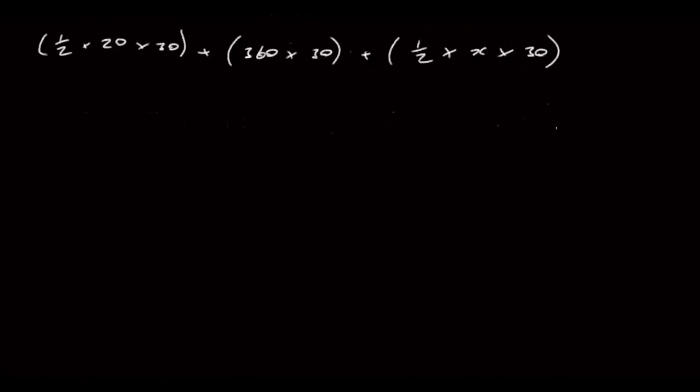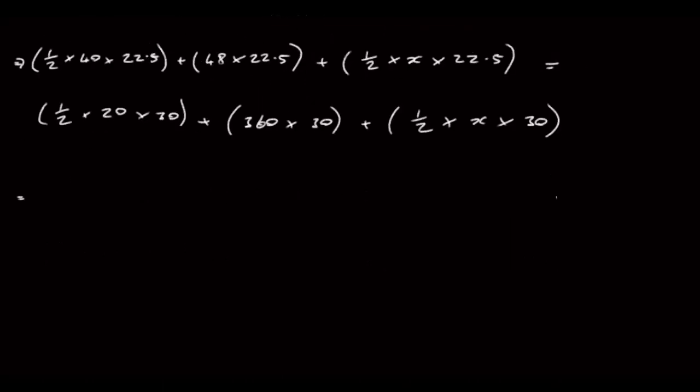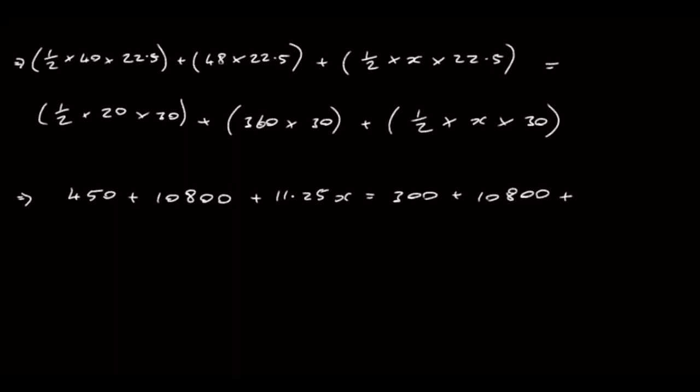So all you've got to do is work all those out on your calculator. What you'll get is 450 plus 10800 plus 11.25x is equal to 300 plus 10,800 plus 15x.